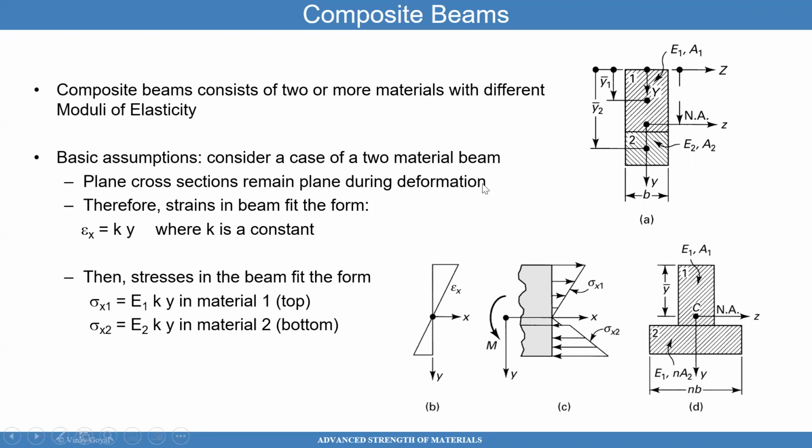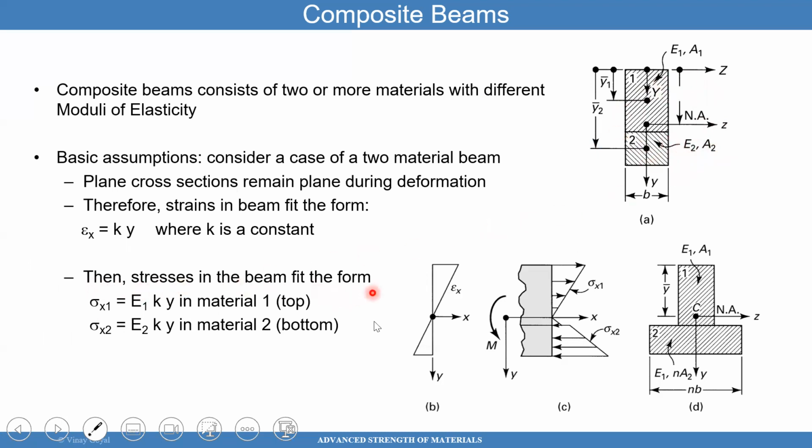So we know that. Therefore, the strains in a beam will have to fit the form that we've been discussing so far, where the strain is equal to some constant k times y, which is just the coordinate through the thickness of that beam. So remember, this is the cross section of the beam. I'm not showing you the three dimensionality of the beam, but what you see there is really the cross section.